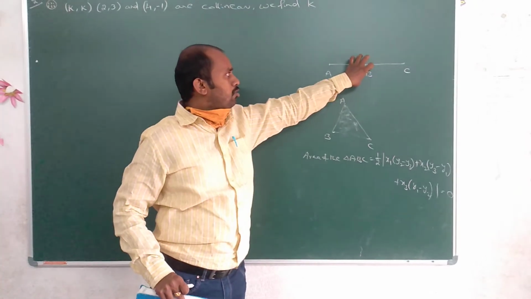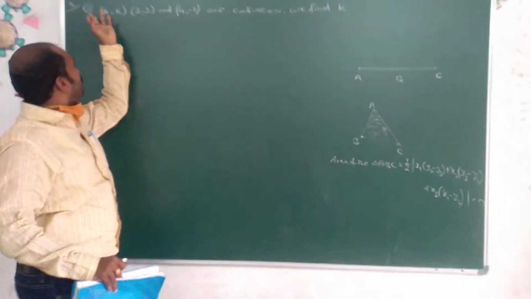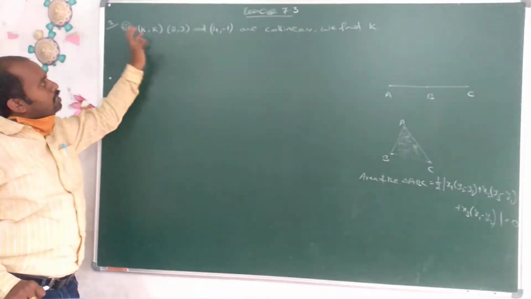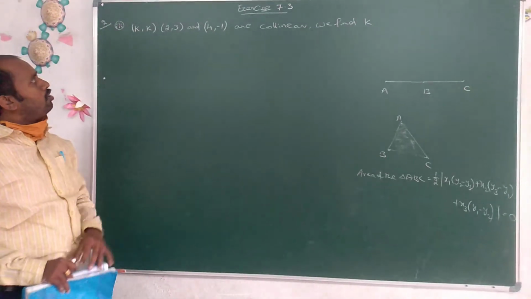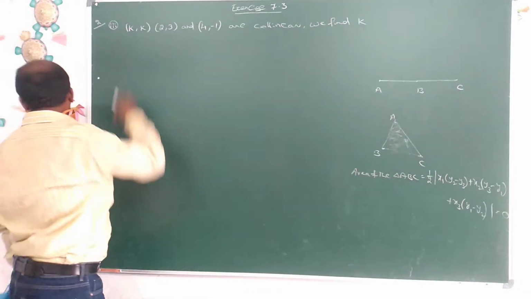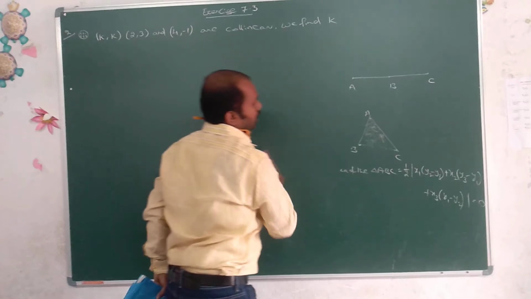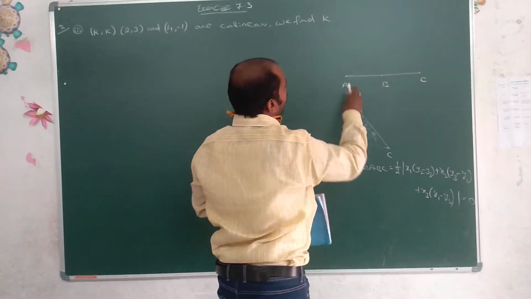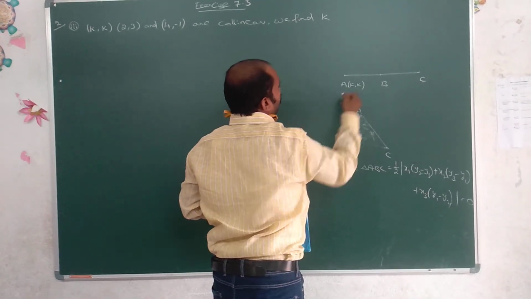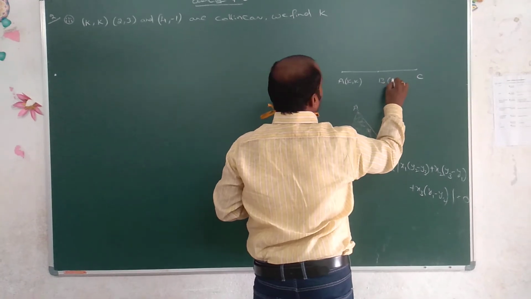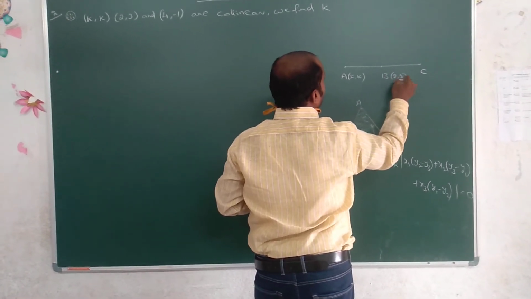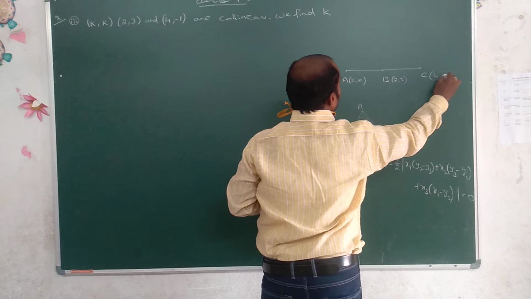So this concept, already 2 problems, 2 bits are done already. So same concept, same model we can do now. Okay, first point, that is A. Next here write A, K comma K, B second point 2 comma 3 and C 4 comma minus 1.